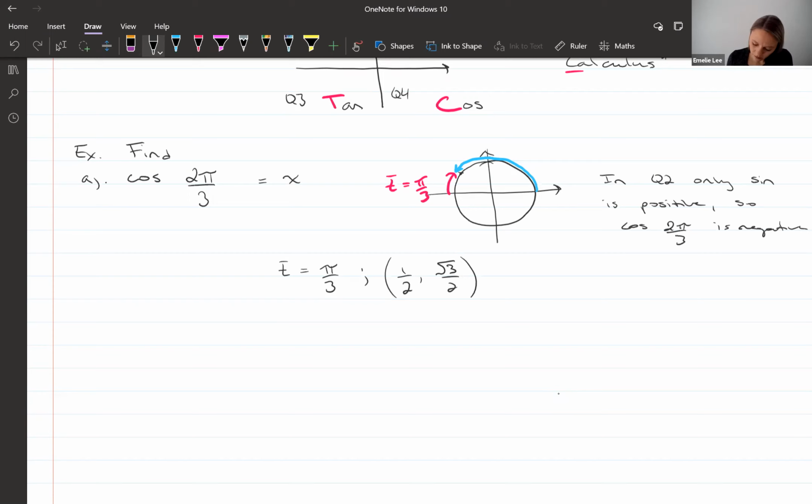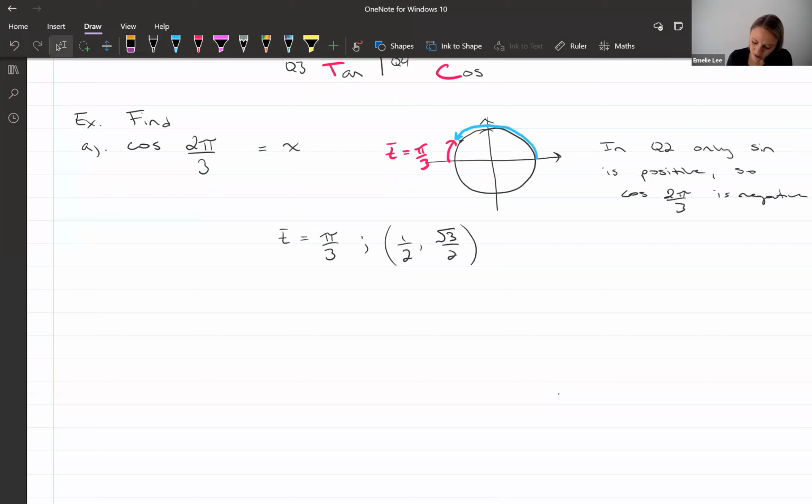And so knowing that cosine is negative, or if you transfer it into the second quadrant, either way, you know that cos 2 pi over 3 is negative 1/2.